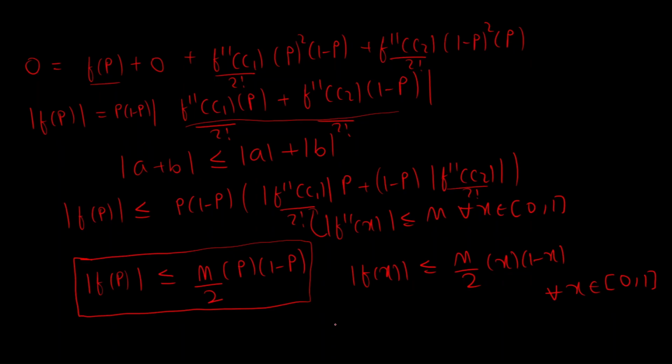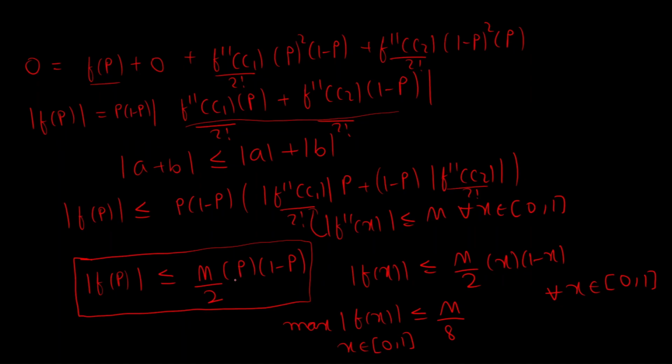Now this question could also be framed in another way to make it look fancy or scarier. We could say you have to prove that the maximum of mod f of x, x belongs to 0 comma 1, is less than or equal to M by 8.